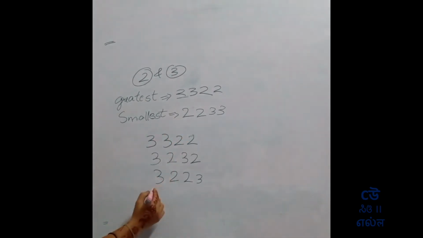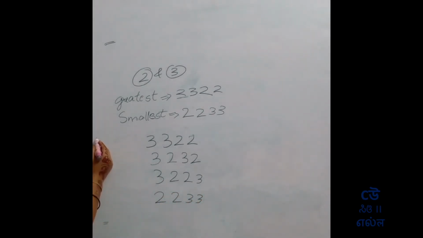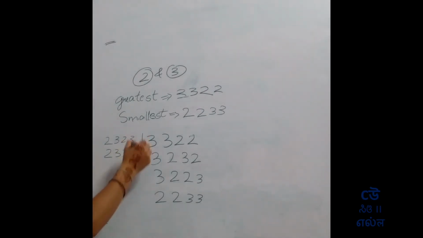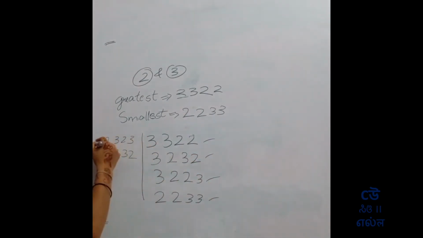So next is 2, 2, 3, 3. Next 2, 3, 2, 3. Next 2, 3, 3, 2. So how many different numbers did we find? 1, 2, 3, 4, 5, 6.